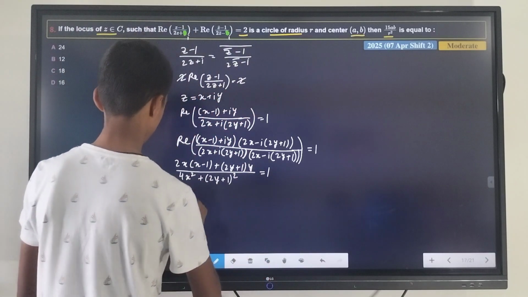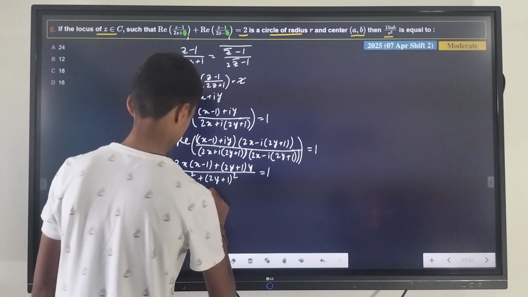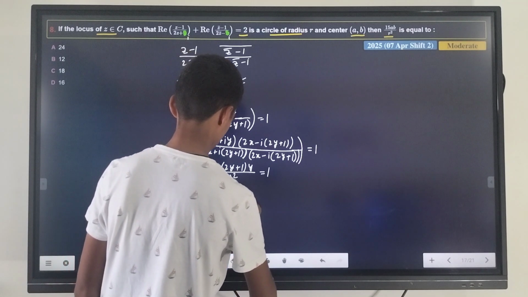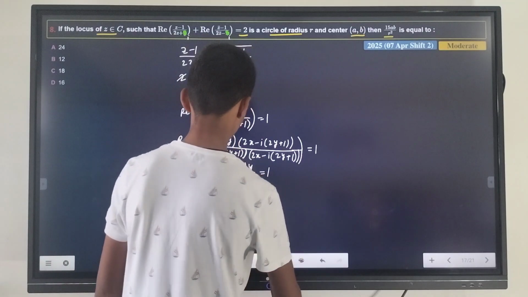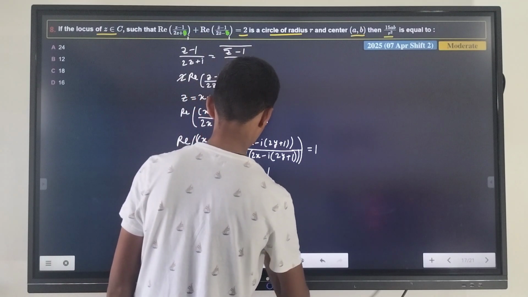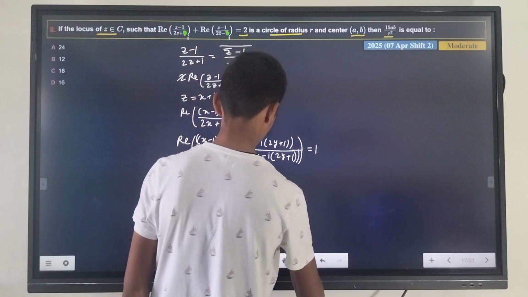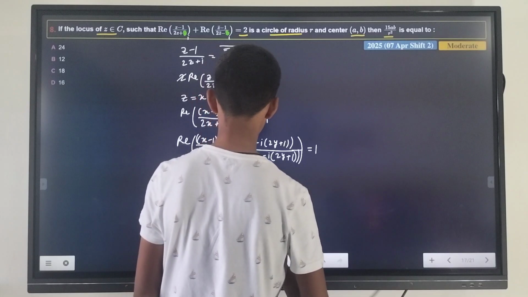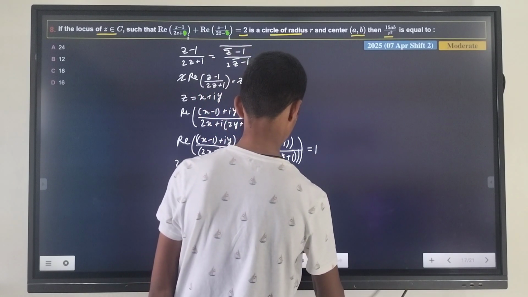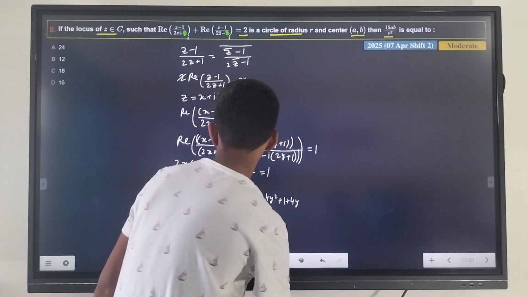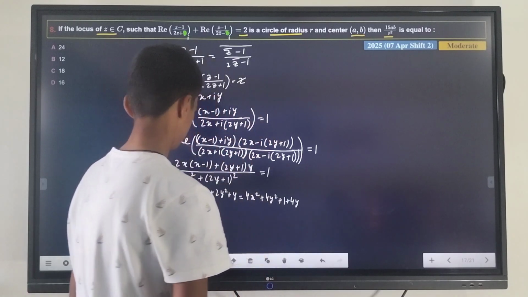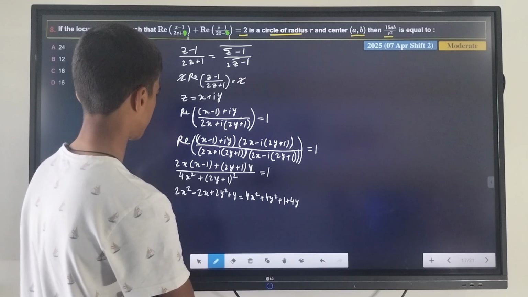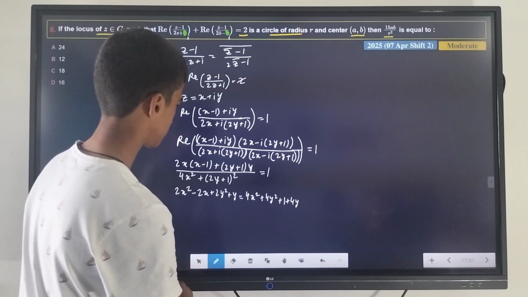So from here this will be 2x square minus 2x plus 2y square plus y is equal to 4x square plus 4y square plus 1 plus 4y.